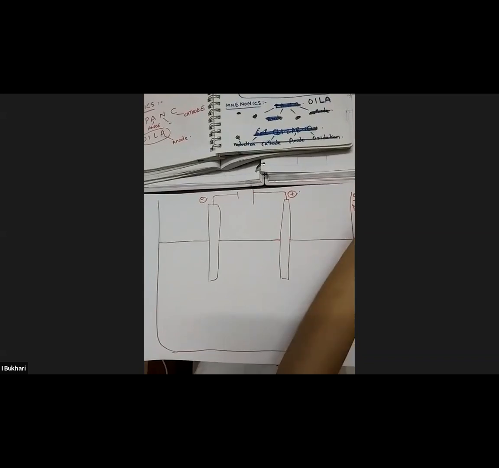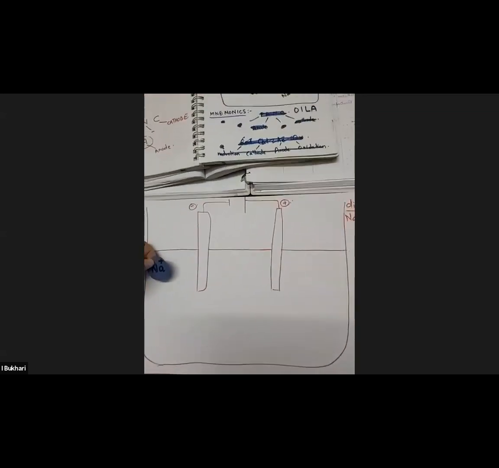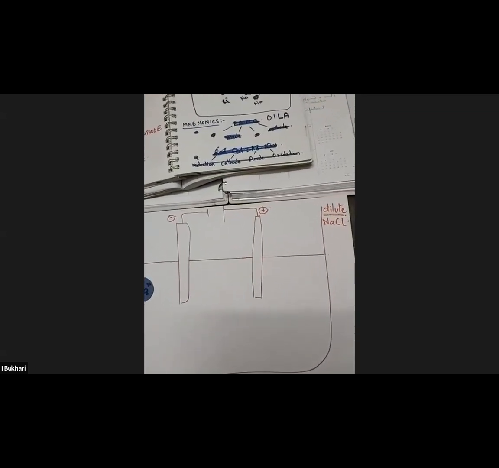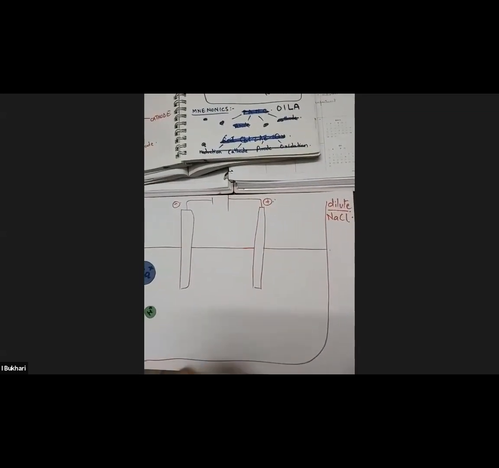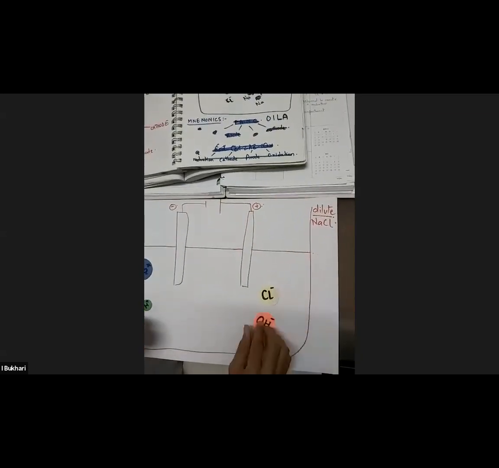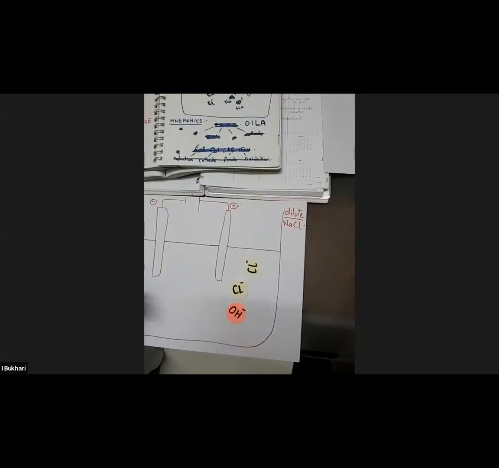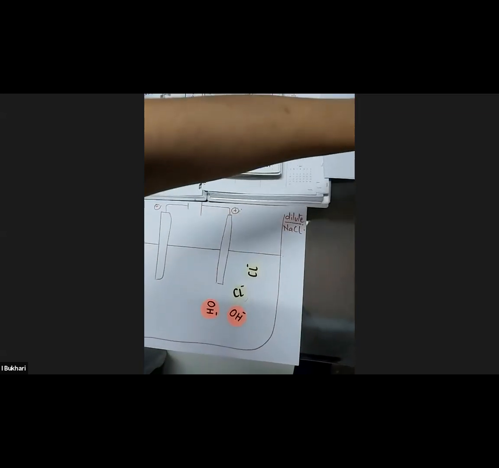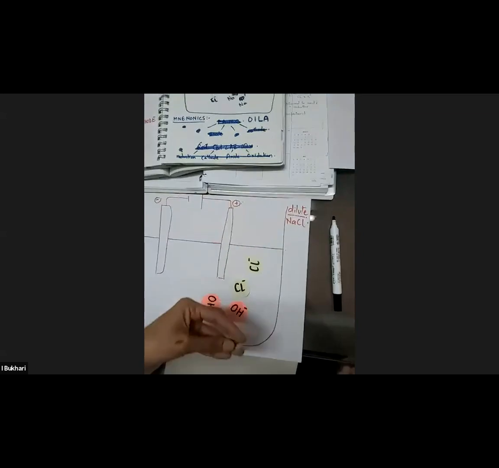The ions in question are the same: sodium ions and hydrogen ions, and then chloride and hydroxide, right? These are my ions in question. Now the question is, which one will be discharged? Which poor one will be discharged?